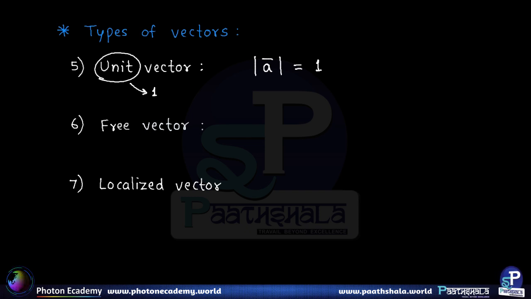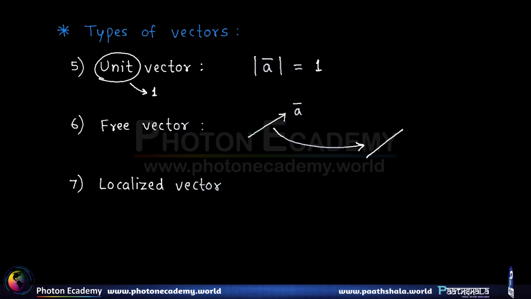Next is free vector. By free vector, what we mean is, suppose we have some vector A bar, then you can shift it to some other place but keeping it parallel to the original direction. That is, whatever was the line containing that original vector, we retain a line parallel to that.